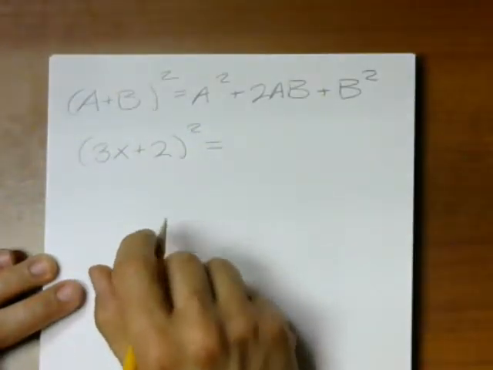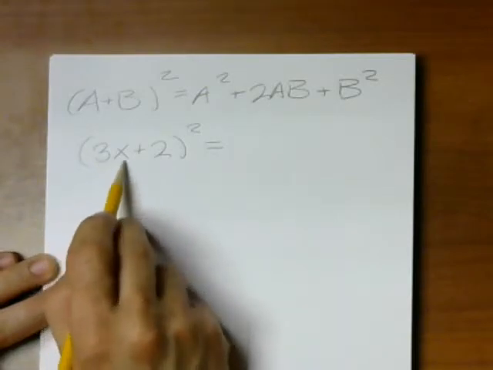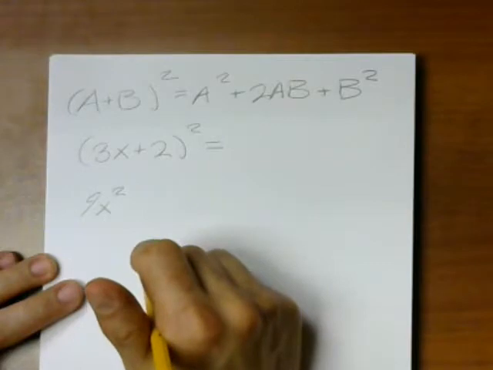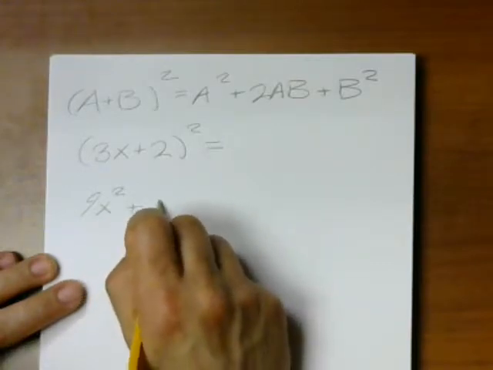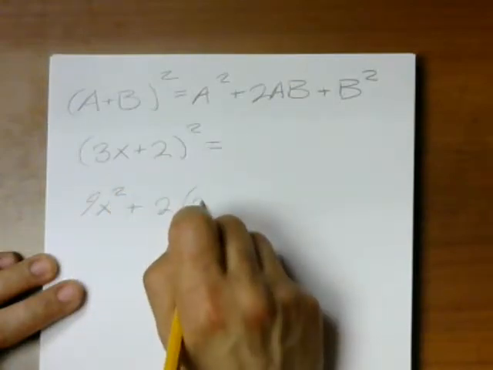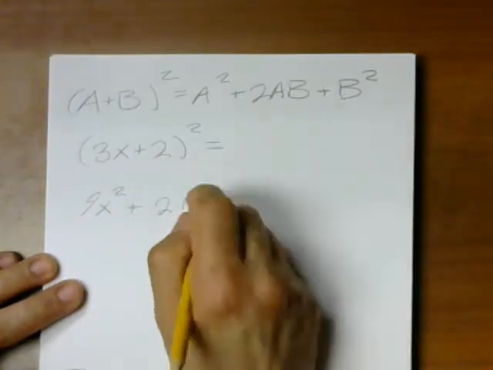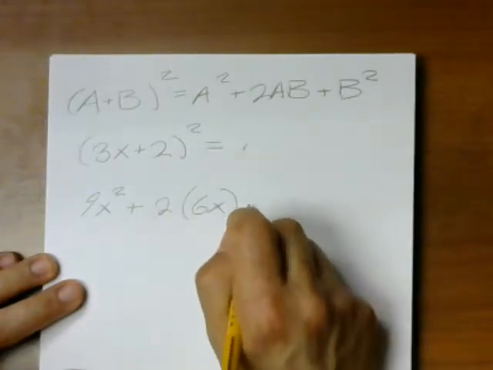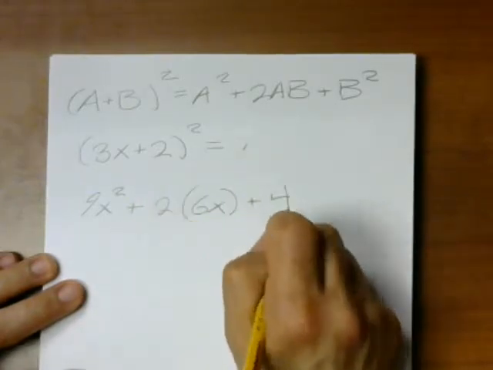So what am I going to get? Well, I'm going to get the first thing squared. So that's going to be 9x squared because it's 3x times 3x. And then plus 2 times A times B, the first thing times the second thing. So I'm going to get 3x times 2, which I could write out, or I could just write as 6x. And then plus B squared, 4.